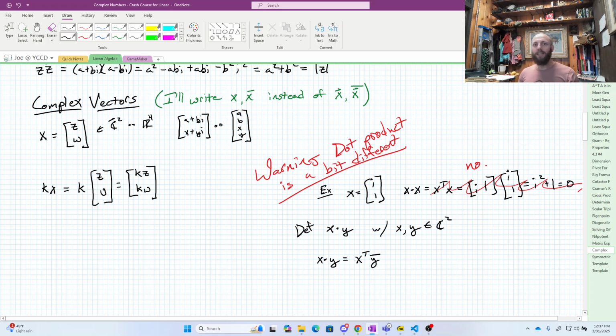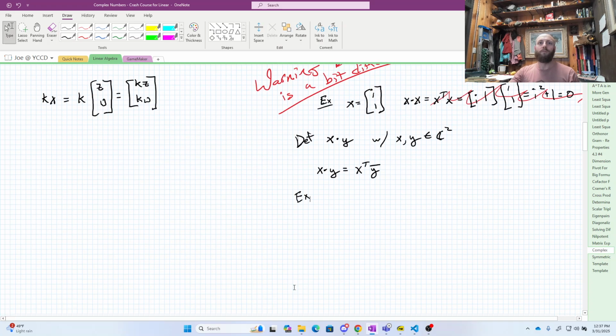So if I try this out with my example, where x is i and 1, and I try to calculate x dotted with x, this is going to be x transpose times x conjugate. I'm going to leave my transpose, so that's going to be an i and a 1.